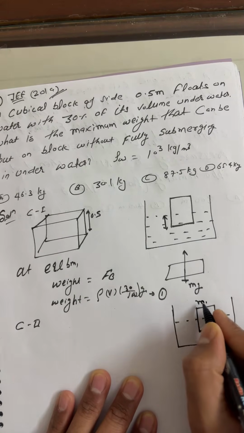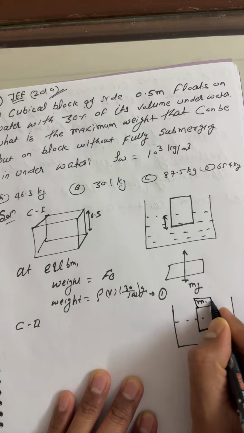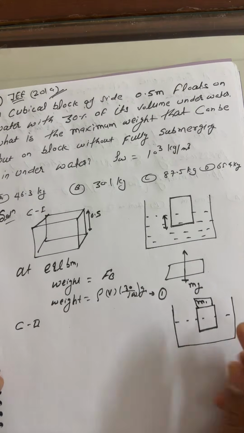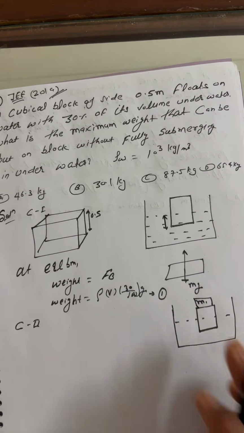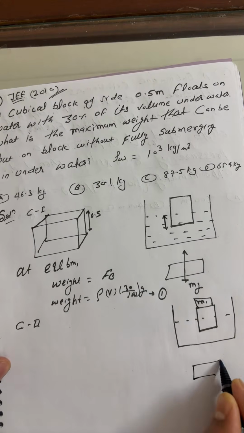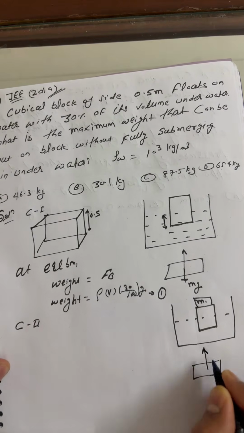Let us suppose this is M1. I'll take M1g. Now the system is in equilibrium, so you can take both blocks as a common system.